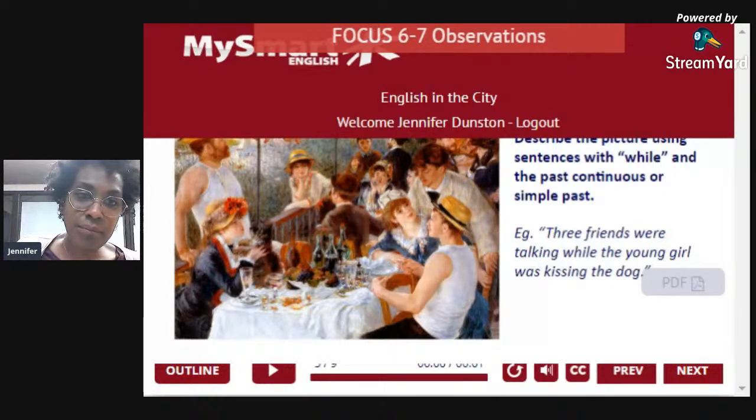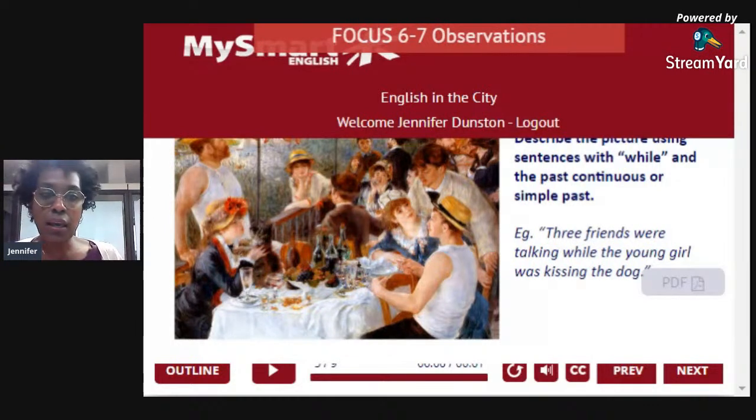Let's see. A woman was drinking while the man looked off into the distance. That's what I see. So take a few minutes, a few moments, observe the painting once again, and see if you could come up with activities or actions that are happening simultaneously using while or the simple past.